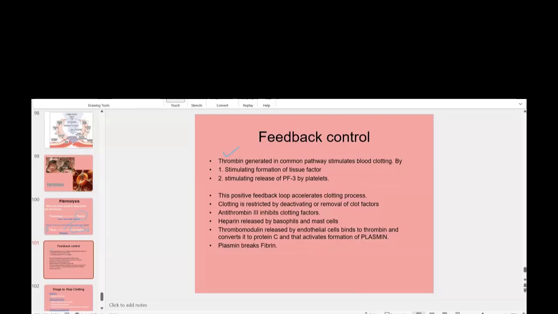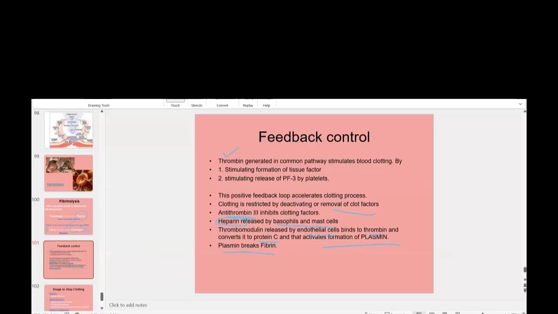Clotting is restricted by deactivating or removal of the clot factors. So antithrombin 3 will inhibit the clotting factors. Heparin is released by the basophils, and as you know, heparin is an anticoagulant. It will not allow the clotting to happen. Thrombomodulin that is released by the endothelial cells binds to the thrombin and converts it to protein C, and that activates the formation of plasmin, and then plasmin will break the fibrin.